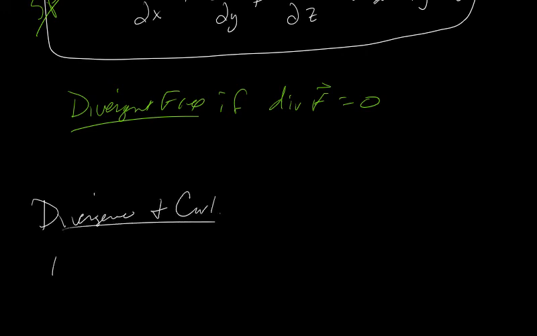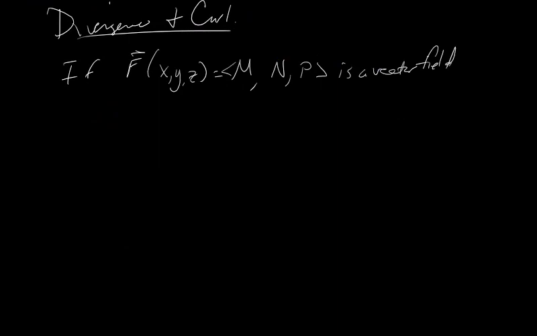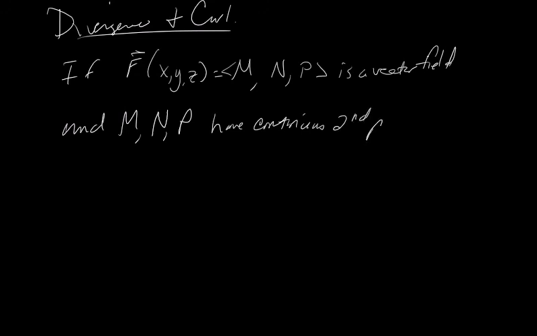Okay, if our vector field F of x, y, z is equal to M, N, P, if this is a vector field, and M, N, and P have continuous second partials, then the divergence of the curl of F is equal to 0. Okay, now that's M, N, and P having second partials.